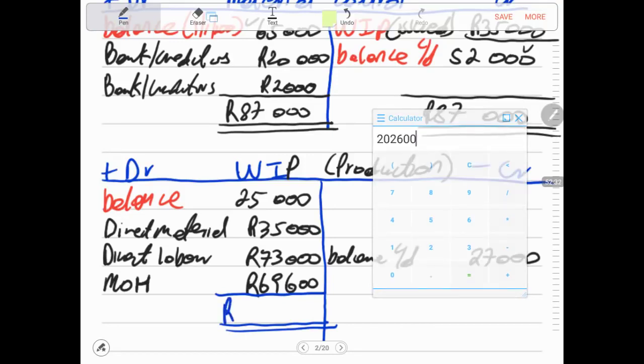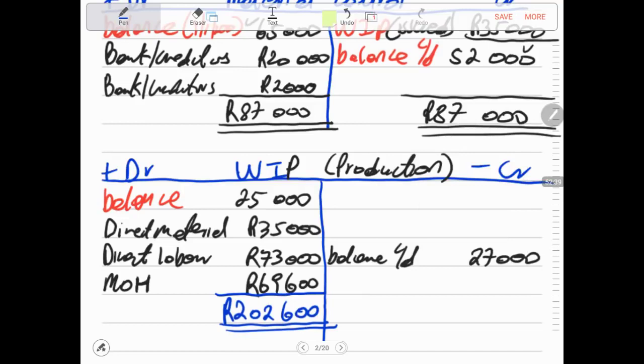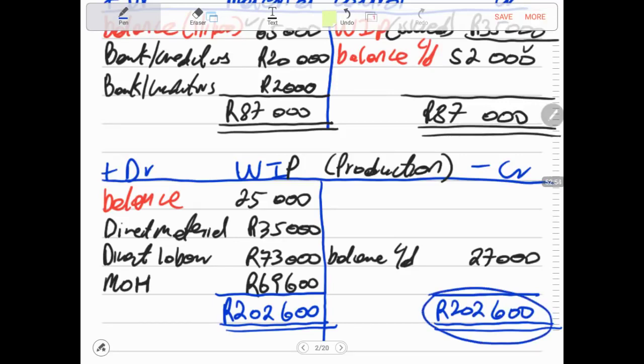This will give me a total of 202,600. This is the value of the work that was in process during the current year.